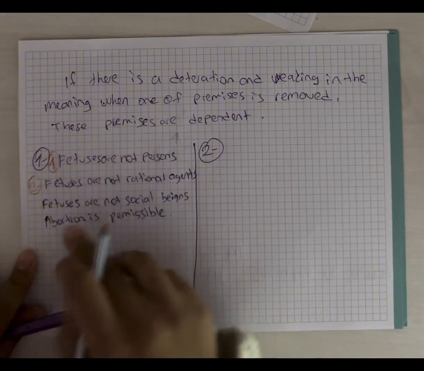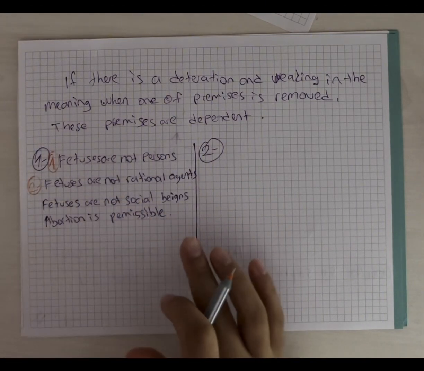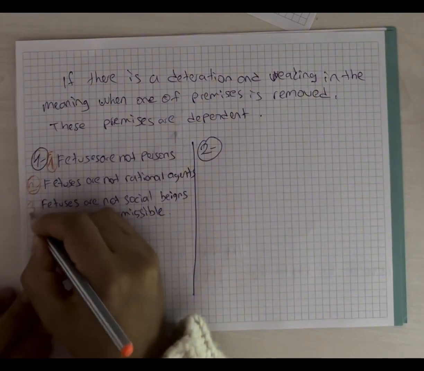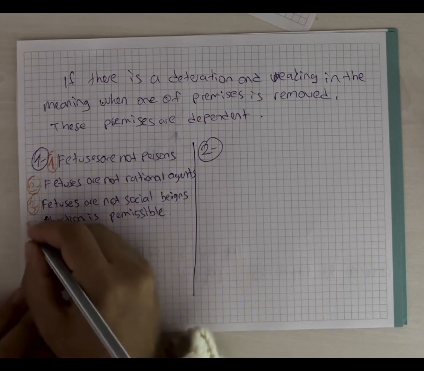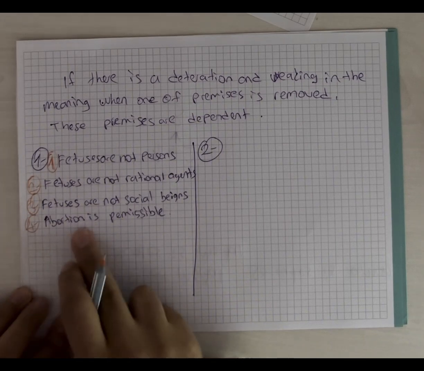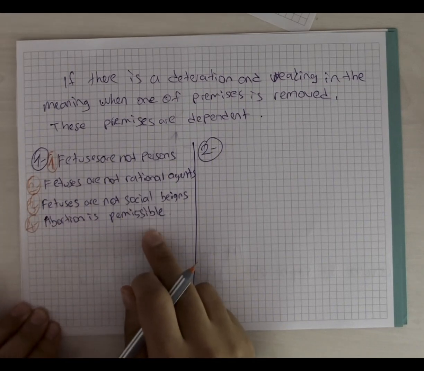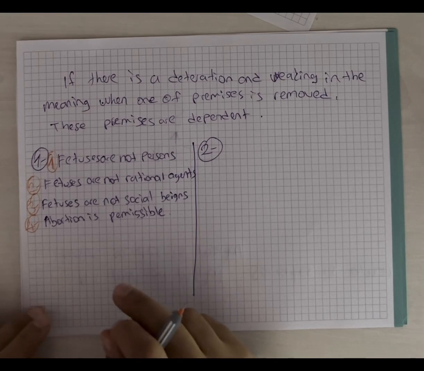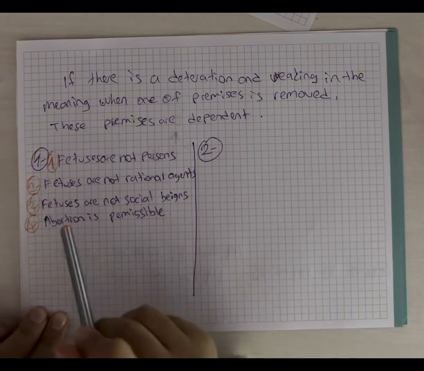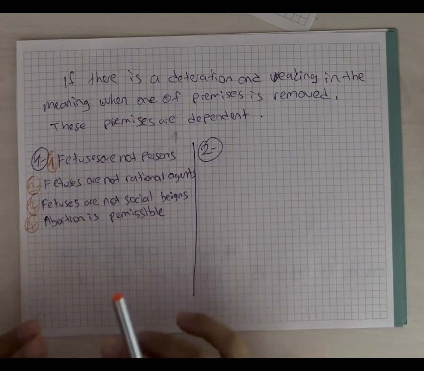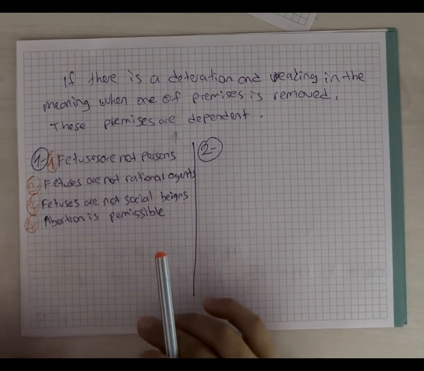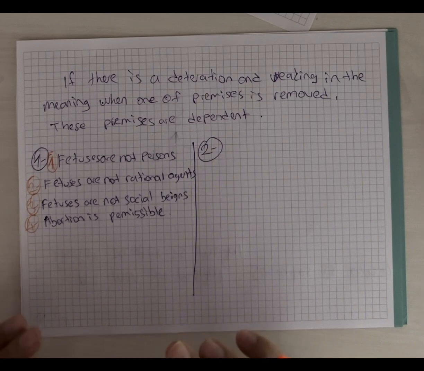Second one, fetuses are not rational agents. Third one, fetuses are not social beings. And last one, abortion is permissible. We learned that if there is a deterioration, the premises are dependent.